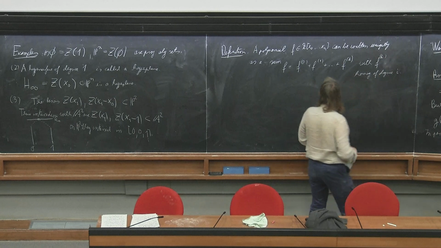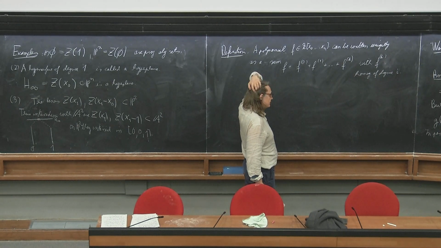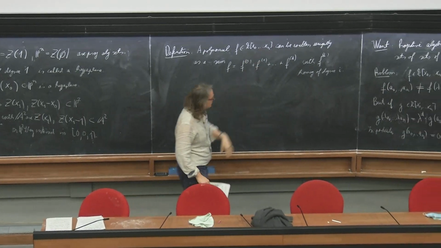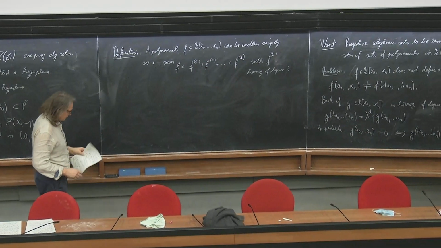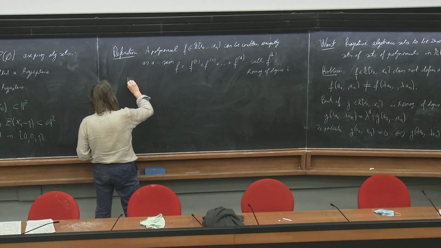Obviously, we just collect all the monomials of degree i in f together with their coefficients and sum them up, and this gives me fi. And so these things are called the homogeneous components of f.